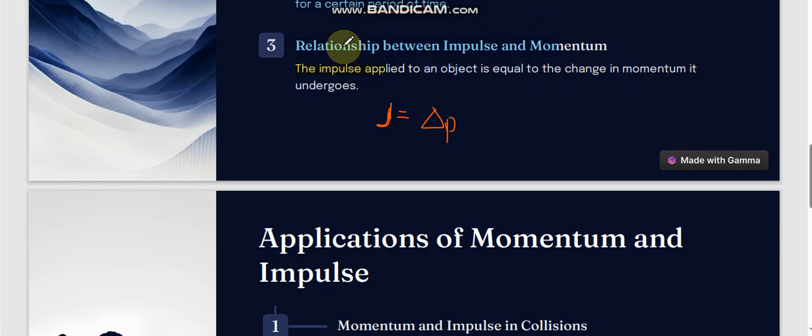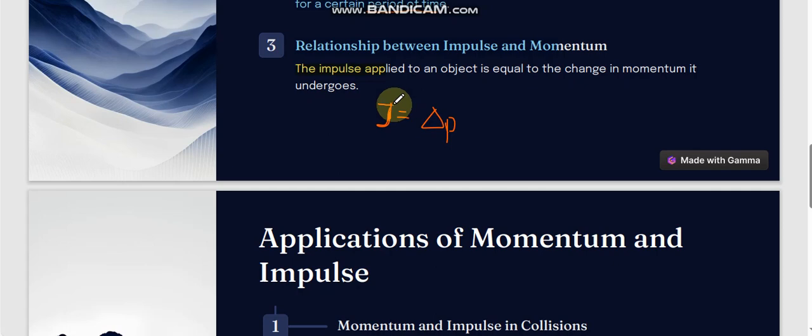This is for grade 12, and last time we ended up speaking about the relationship between the impulse and the momentum. The relationship is that the impulse applied to an object is equal to the change in momentum that it undergoes.